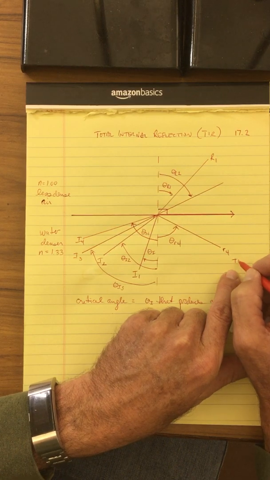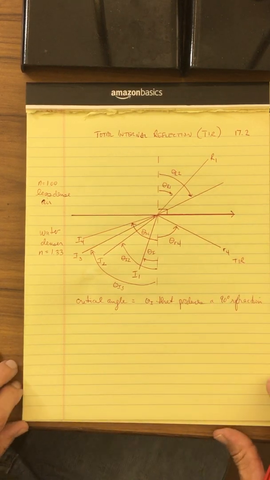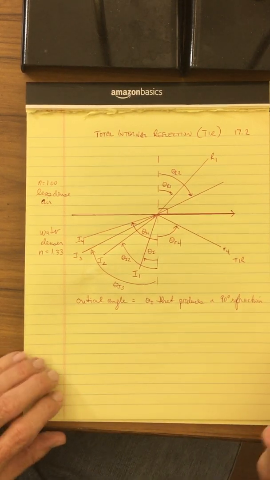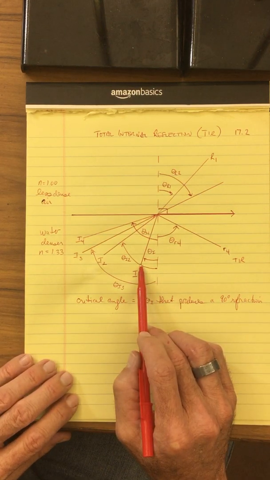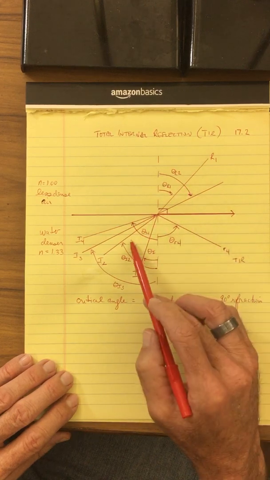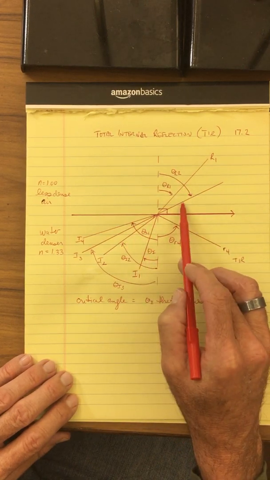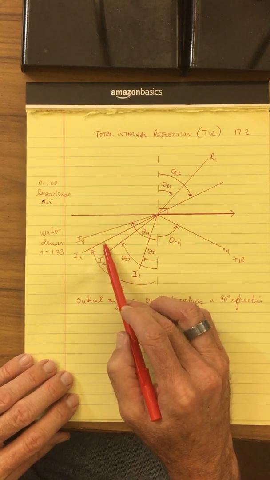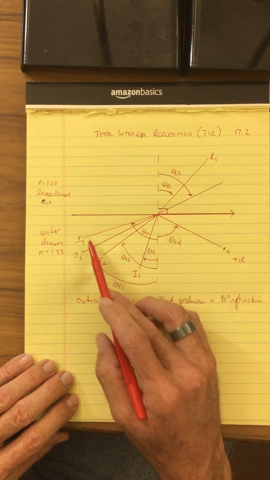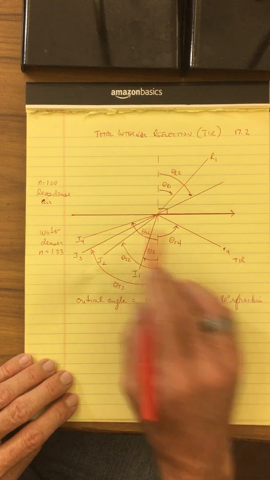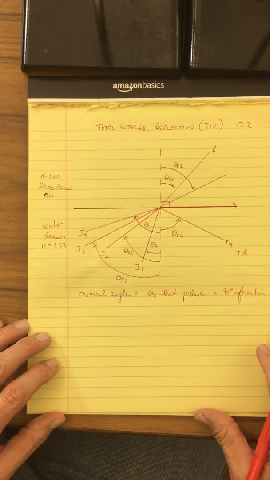It's just an acronym that I've created for myself and for us, so we don't have to write that down a lot of times. So here, the angle is smaller than the critical angle. It's going to get refracted. Smaller, it gets refracted. The critical angle also gets refracted at 90 degrees, but anything larger than that critical angle is going to be reflected.